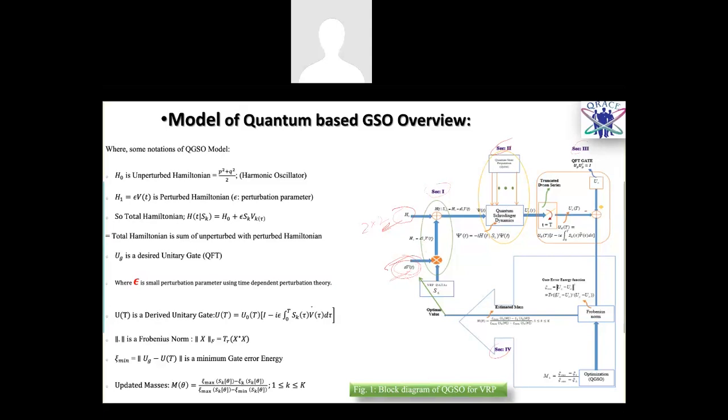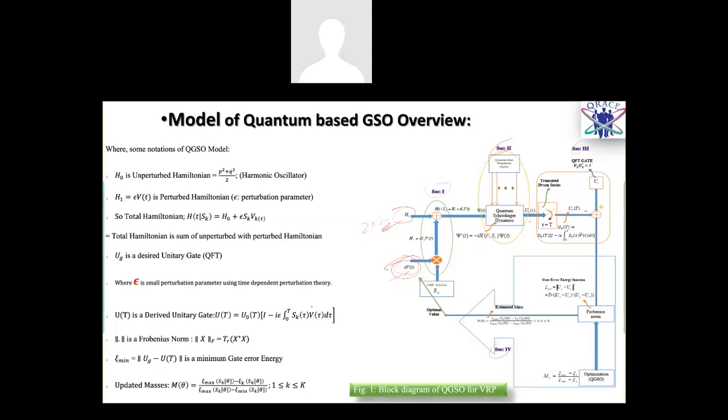So V and Sk do not commute. Now you have to define the Hamiltonian. I define this Hamiltonian, write the Schrodinger wave equation, put it into the quantum system, and check whether your derived unitary gate is identity or not.